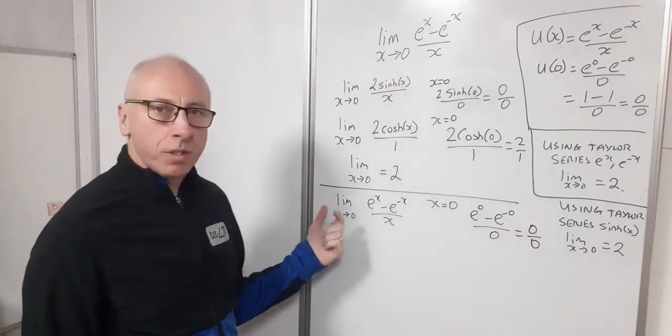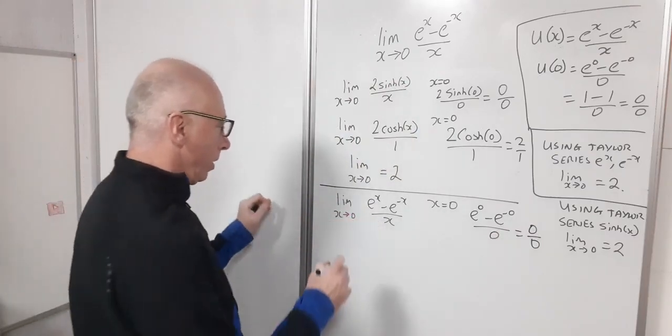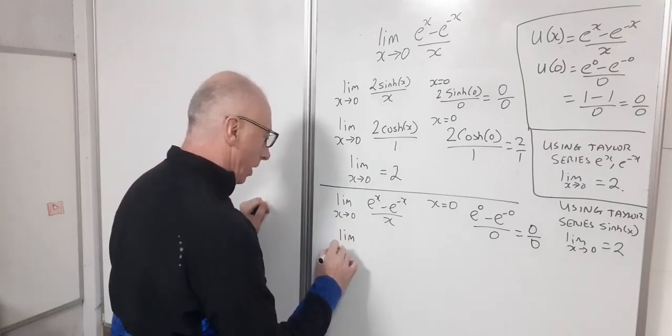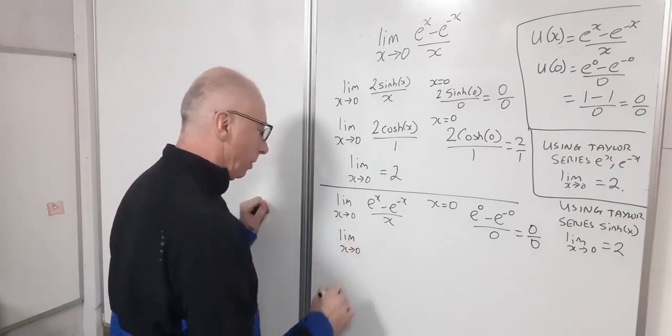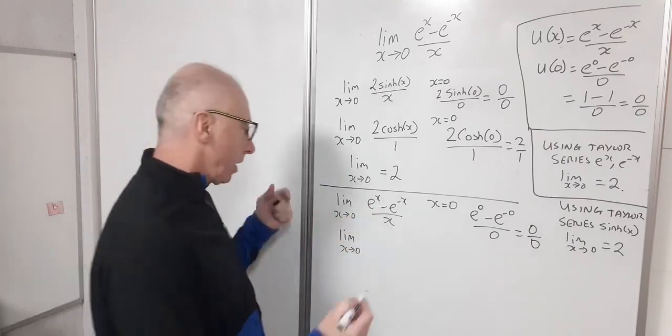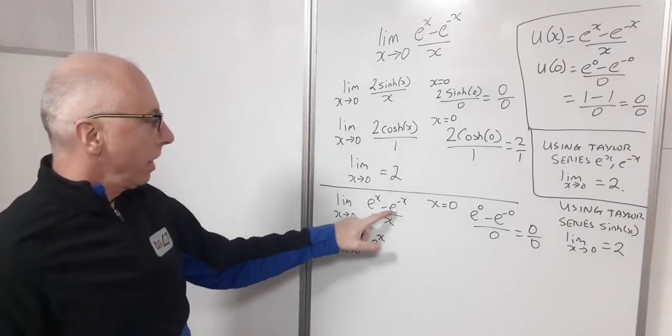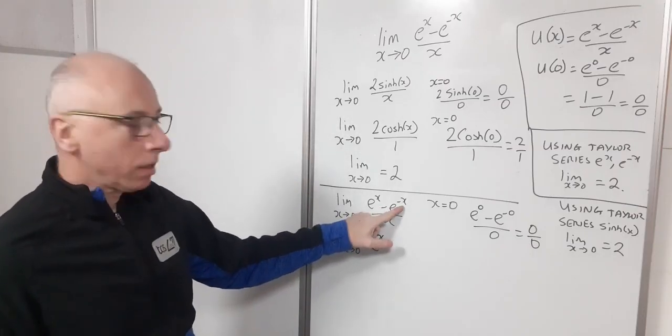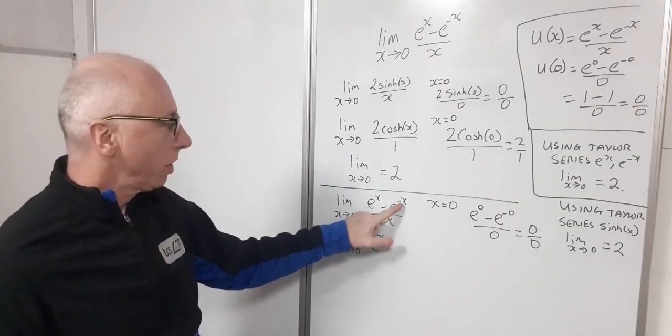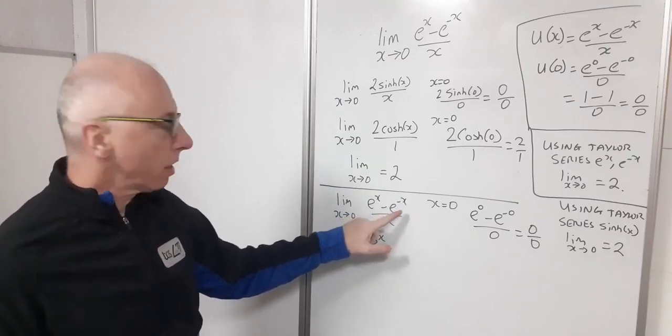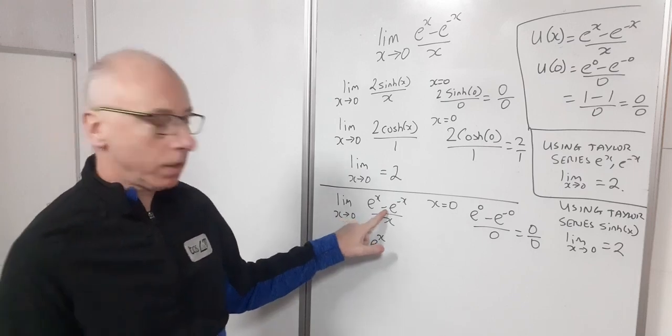Now let's take the derivatives of the numerator and denominator. So the limit as x approaches 0. The derivative of e to the x, nice and straightforward, is just e to the x. Then the derivative of e to the minus x. So here we need our chain rule. So minus e to the minus x, but with this minus here, I need a positive.